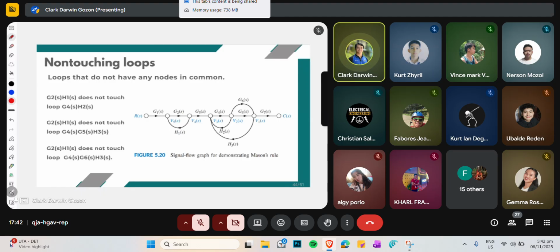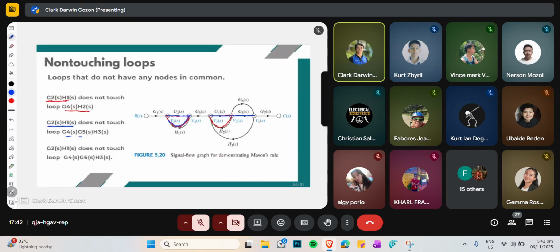We have G2 H1, isa ka loop gain, does not touch with G4 H2. Wala siya nag-touch. That's taken 2 at a time. We also have G2 H1, then wala na siya nag-touch, another loop gain.